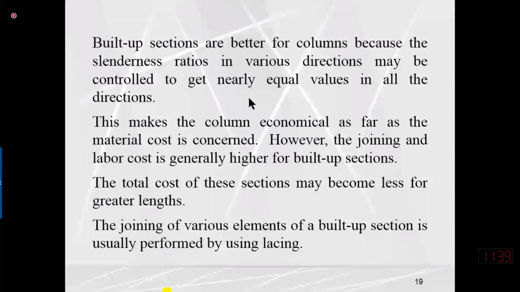Just like in a channel section, the moment of inertia about the x-axis is more than about the y-axis, or the radius of gyration about the x-axis is more compared to the y-axis. By joining 2 channel sections to make a built-up section, as you have seen in the previous example, we have enhanced the radius of gyration about the y-axis.